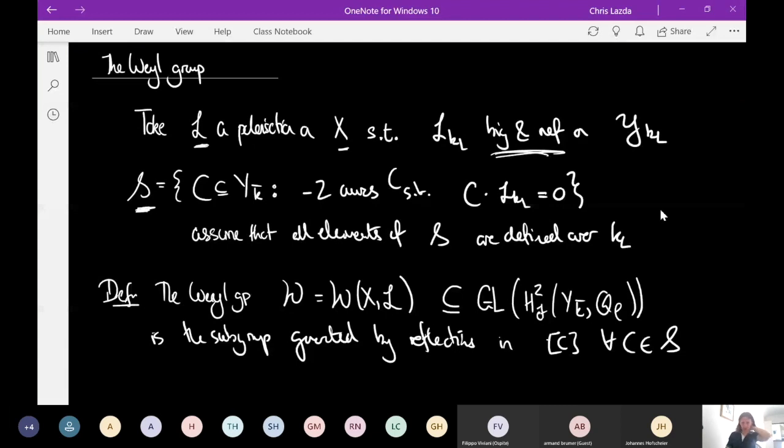This gives me an automorphism of H2, and I just look at the subgroup of automorphisms generated by all these reflections.